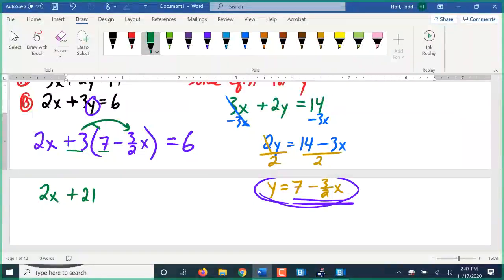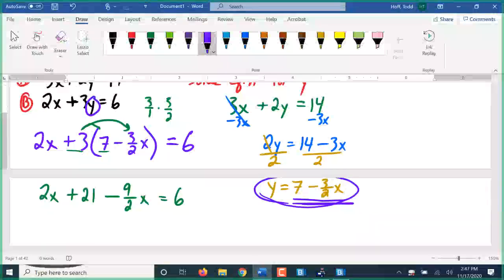Positive 3 times a negative 3 over 2x. Well, that's 3 over 1 times 3 over 2, which is 9 over 2. Positive times a negative is a negative. 9 over 2 x equals 6. I haven't done anything on the other side.